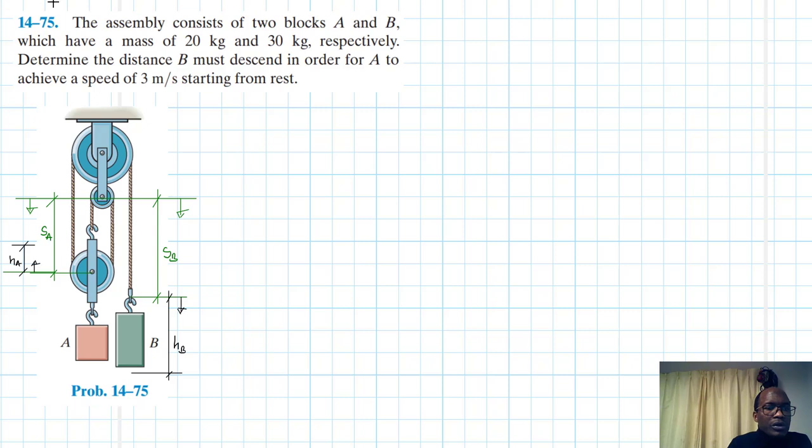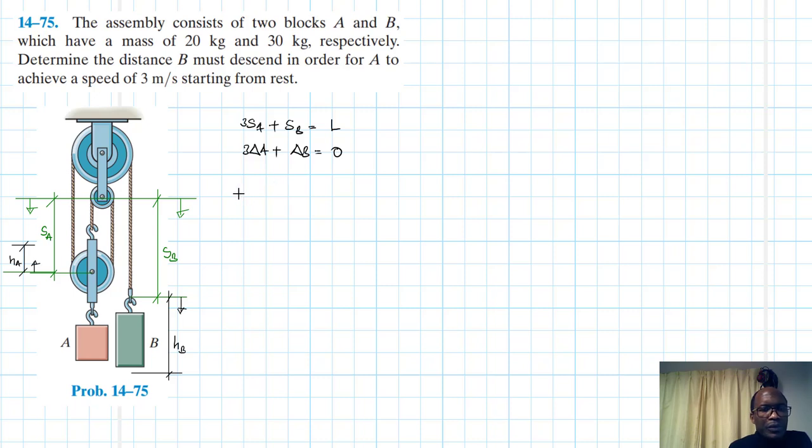Right, so let's write down the kinematic equation that relates the position, later on the velocity. So we have 3SA plus SB equal to L. Therefore, 3 delta A plus delta B equal to 0.